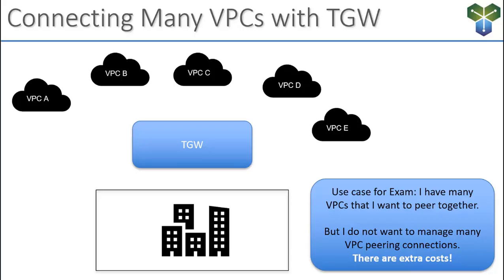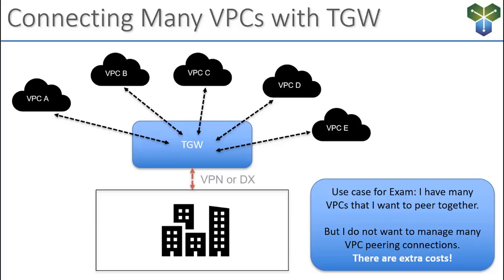If I don't want to manage all of those VPC peering connections, I can just create a single transit gateway and connect all of my VPCs to that. And in doing so, I create a classic hub and spoke topology, where at the center of my diagram, I've got the transit gateway, and all around it, I've got all of these VPCs, and it can connect to all of those VPCs. So now I've enabled communication across all of my VPCs.